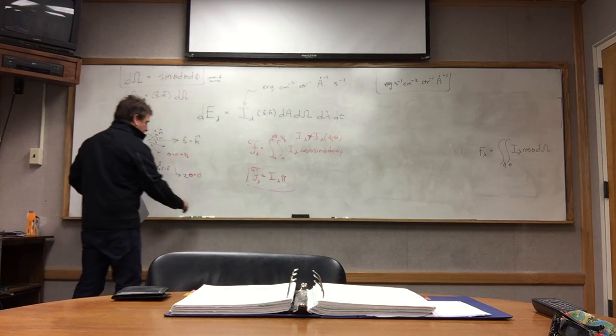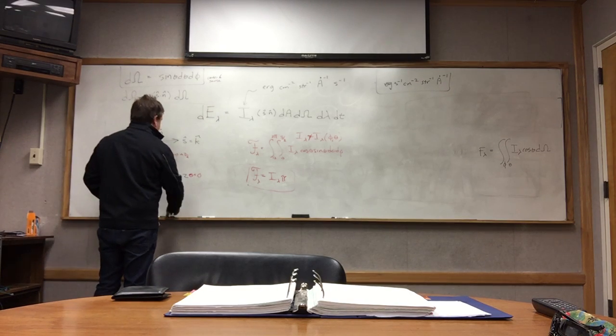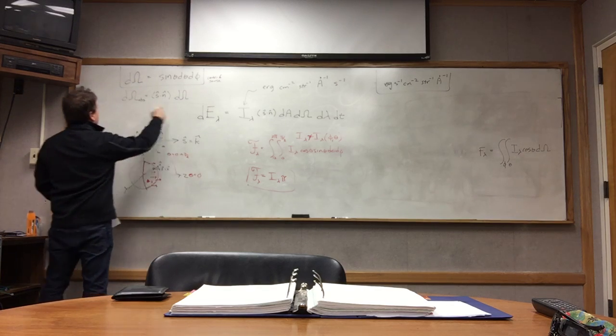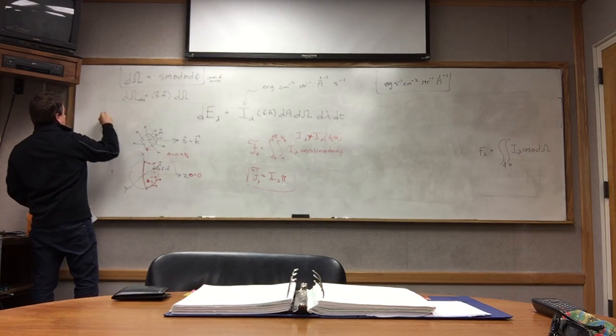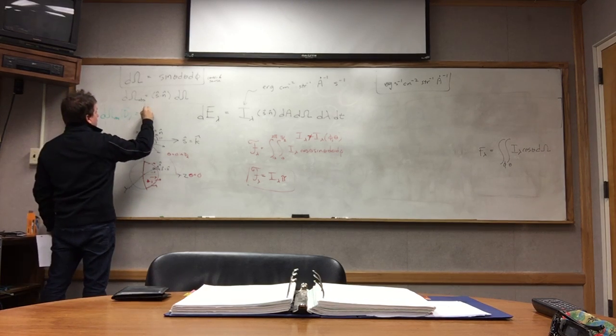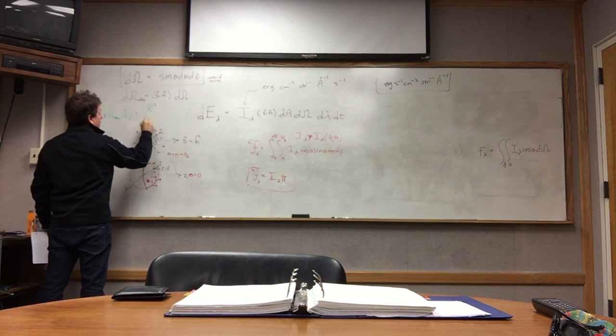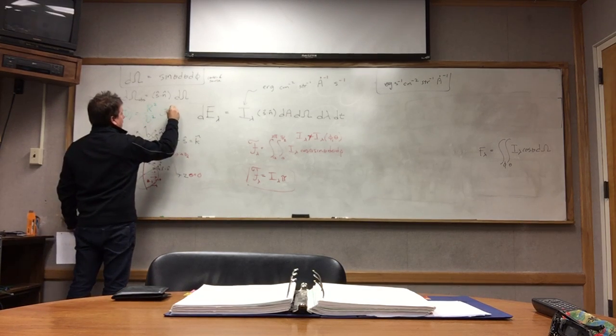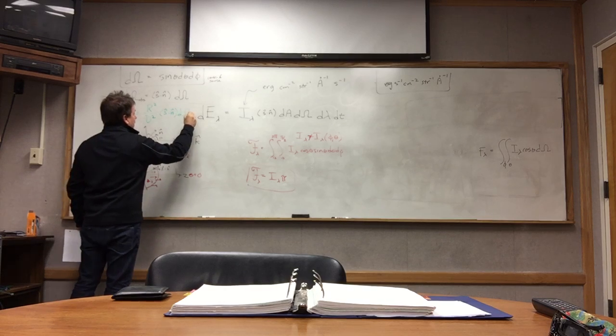But we said that for the observer, if you're a certain distance away, that was equal to r squared over d squared times s hat dot n hat d omega.